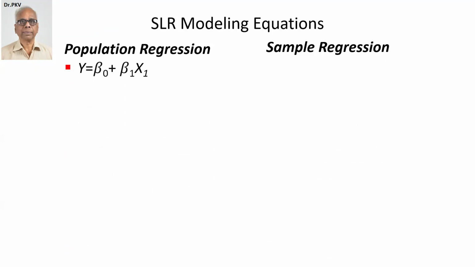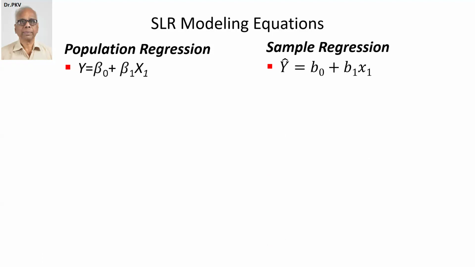Y equal to beta naught plus beta 1 x1 is the model that is postulated under population regression. Sample regression that is used to infer the population regression is y hat equal to b naught plus b1 x1. Both of them are in perfect linear equation manner.